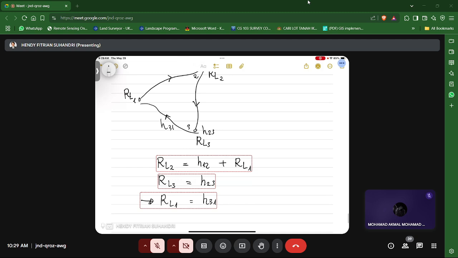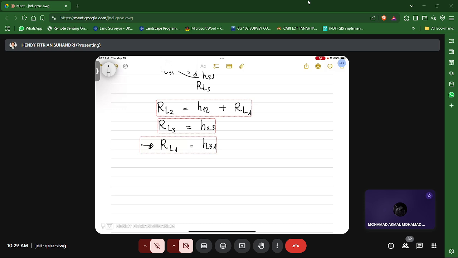So let us expand this equation. The RL2 would be h12 minus H1, or we leave it like this, which is okay also.